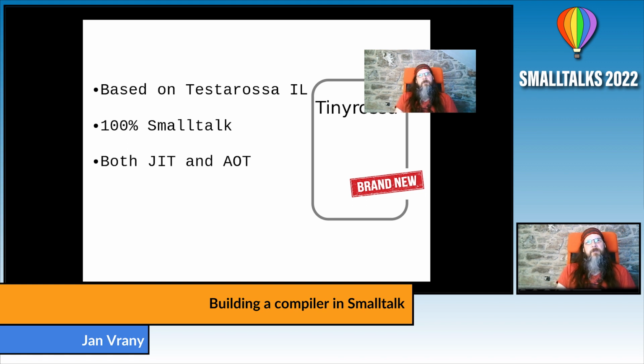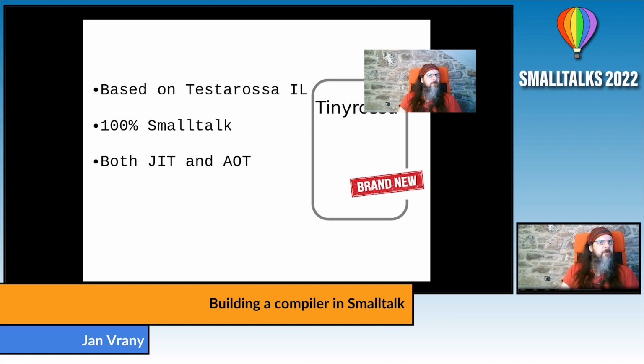That was a pragmatic decision to actually not bother ourselves with inventing an intermediate representation for a compiler, because this seems to be good enough. It's tested. People are using it. There is no problem with it. And that's why it's called Tinyrossa, because it's a tiny version of the full Tinyrossa compiler.